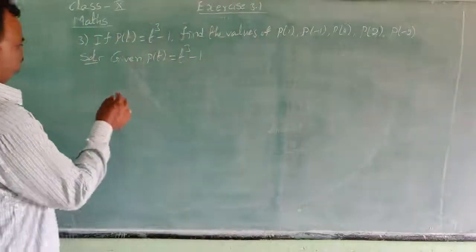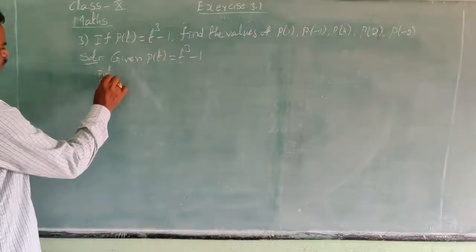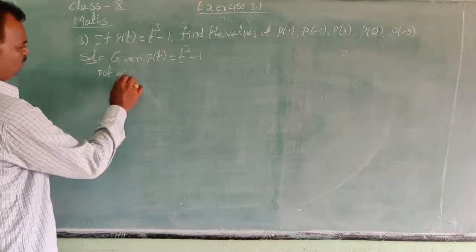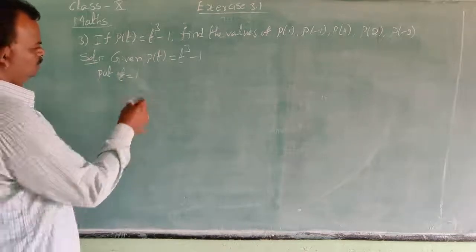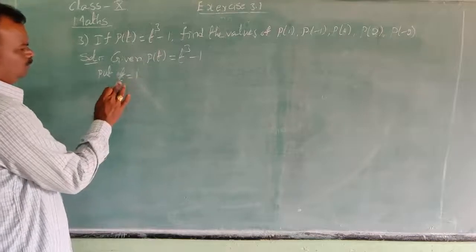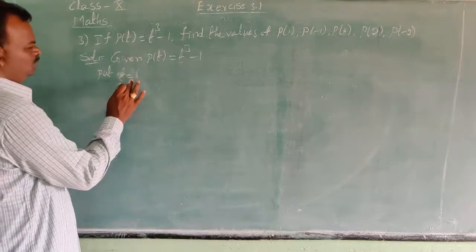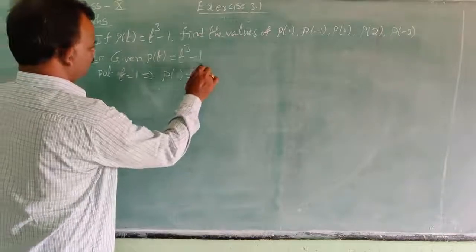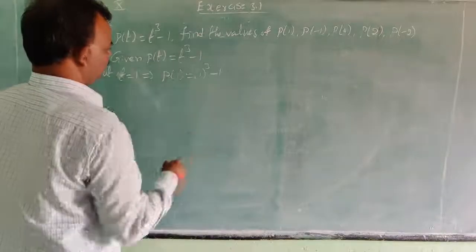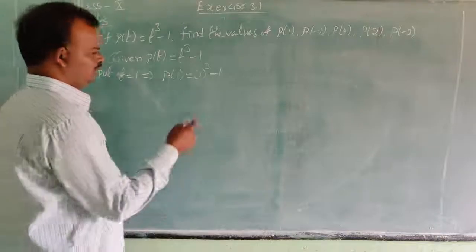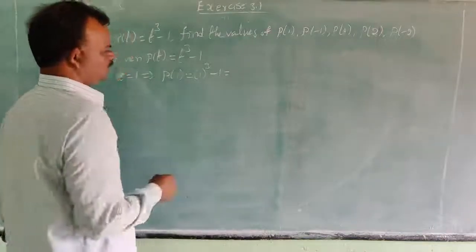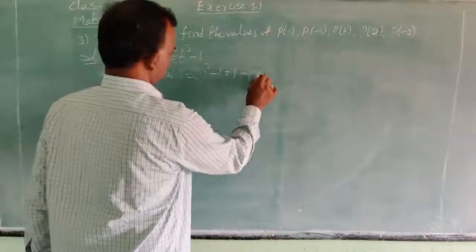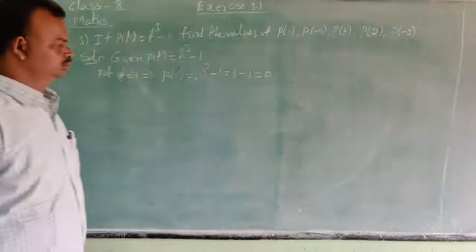First, put t is equal to 1. P of 1 is equal to 1 cube minus 1. 1 cube is 1, 1 minus 1 is equal to 0.